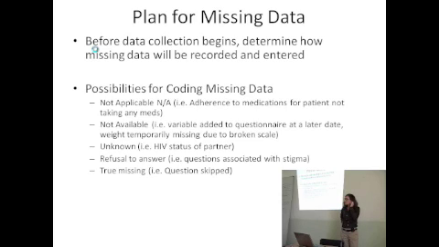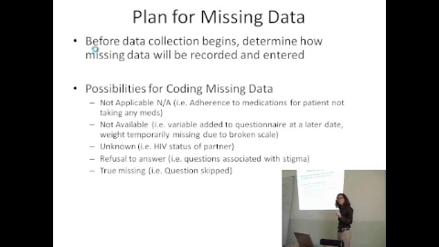If a variable is added to a questionnaire after the first revision, then you might want to code those data that were collected prior to when that variable was added as not available instead of just leaving it as missing. You may want to say it's missing because it was not on the form at the time.